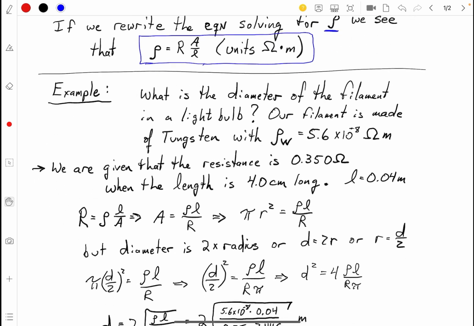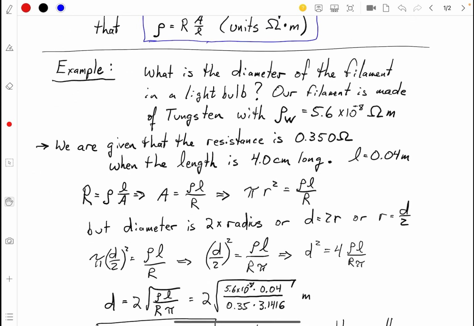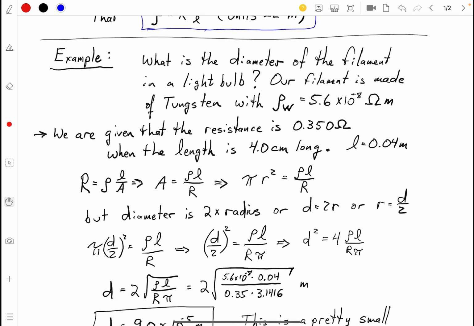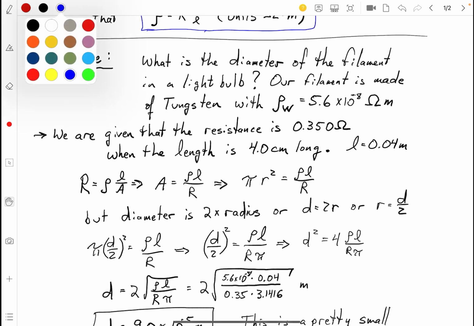What is the diameter of the filament in a light bulb? Well, our filaments are made of tungsten. In our case, we're going to choose tungsten to do this. So we've got tungsten, and we're given that the resistance is 0.35 ohms, and it's got a length of 4 centimeters long.